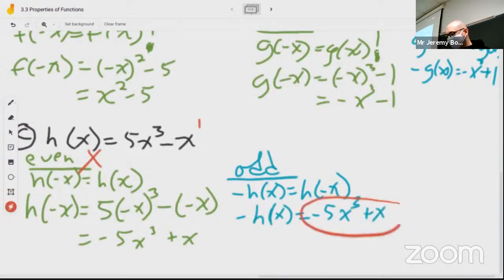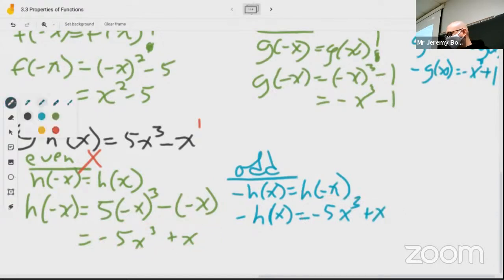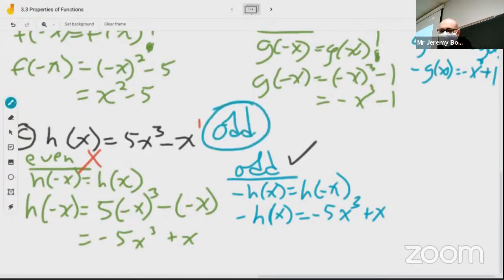And lo and behold, boom, those match up. So this function is an odd function. Any questions on that?